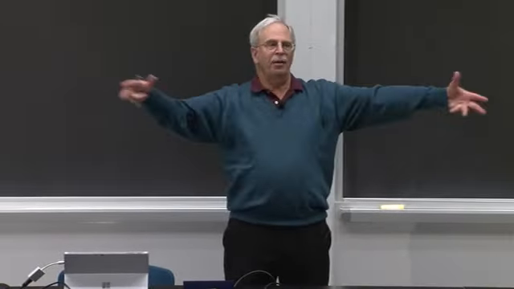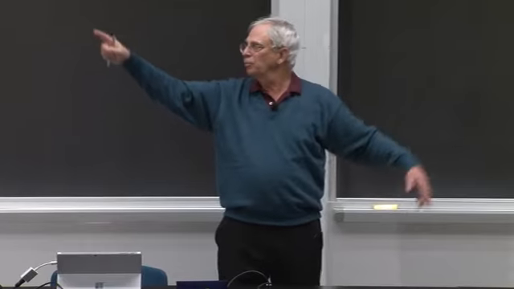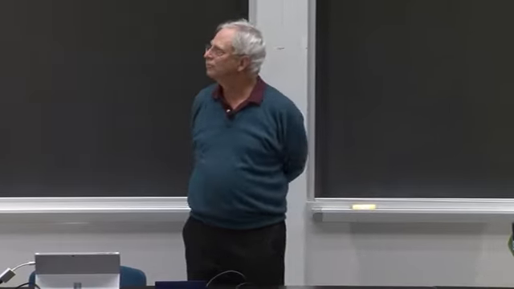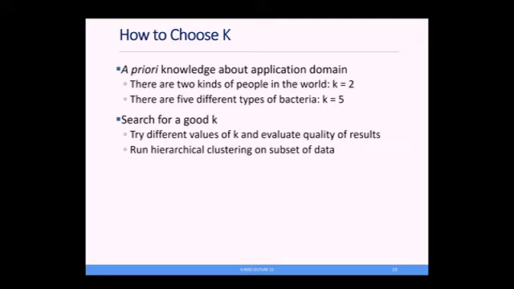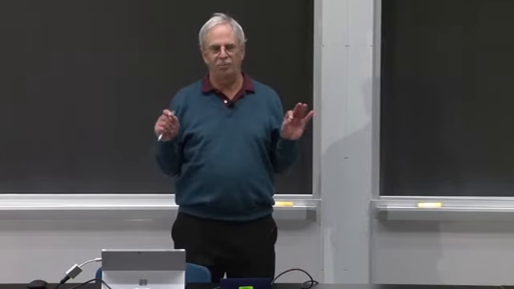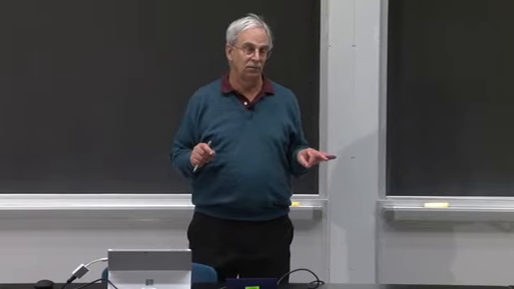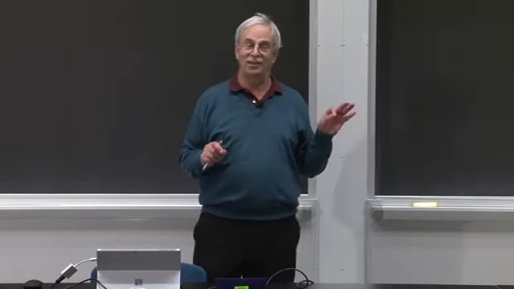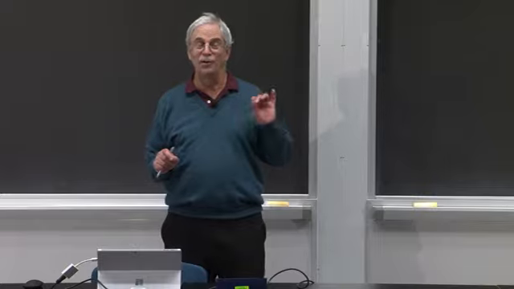And if I had a bunch of bacterium I wanted to cluster, I just set k equal to 5. Maybe I believe there are only 2 kinds of people in the world, those who are at MIT and those who are not. And so I'll choose k equal to 2. Often, we know enough about the application we can choose k. As we'll see later, often we can think we do when we don't.